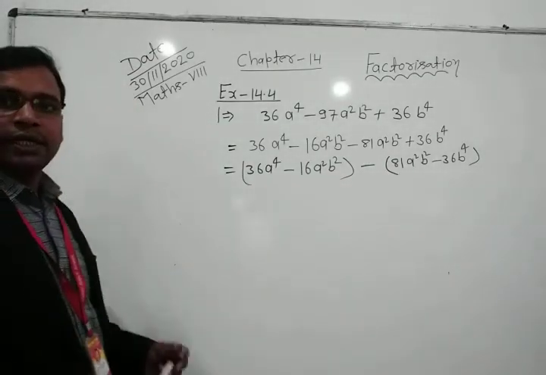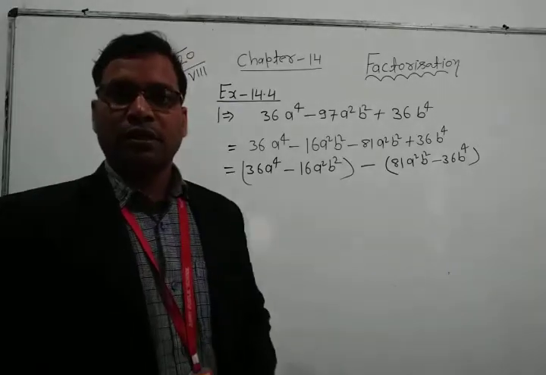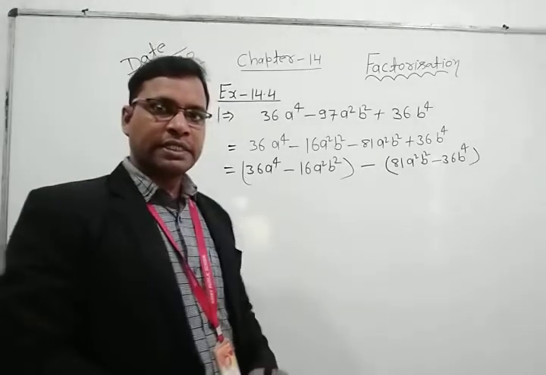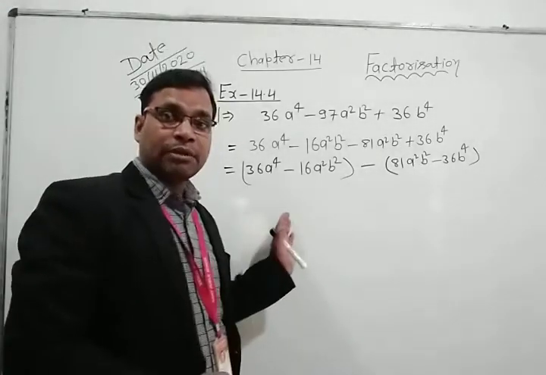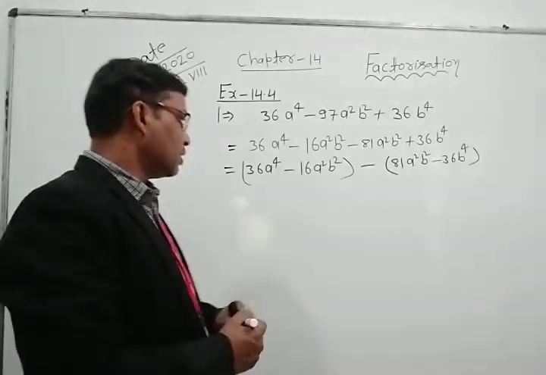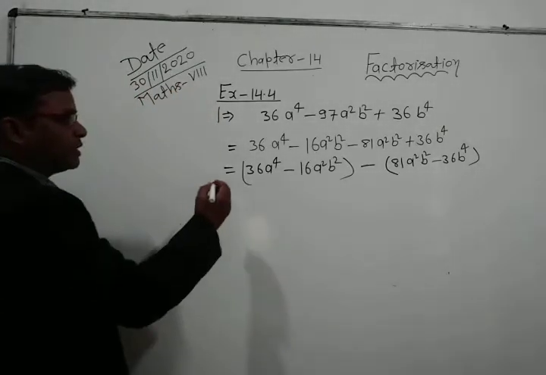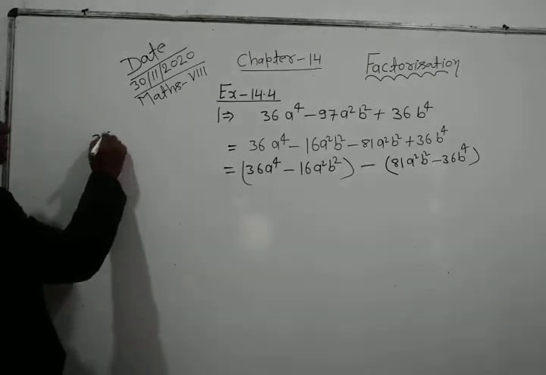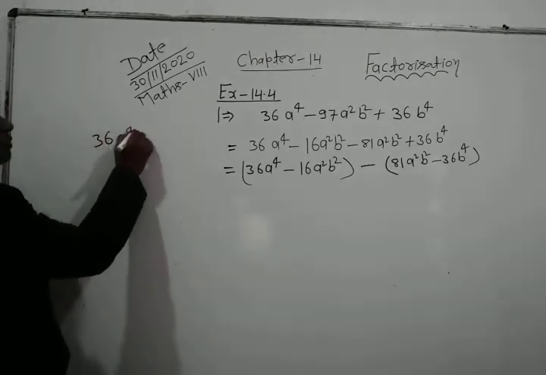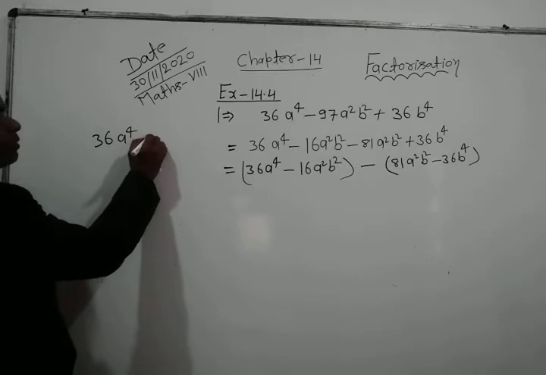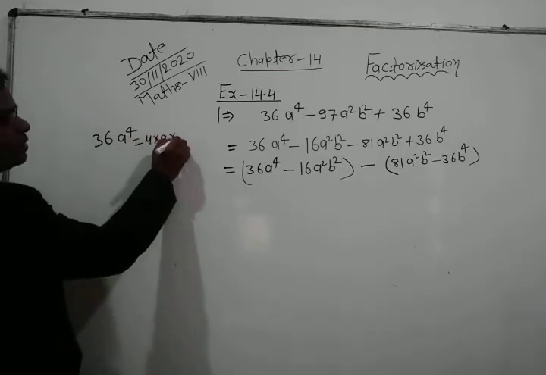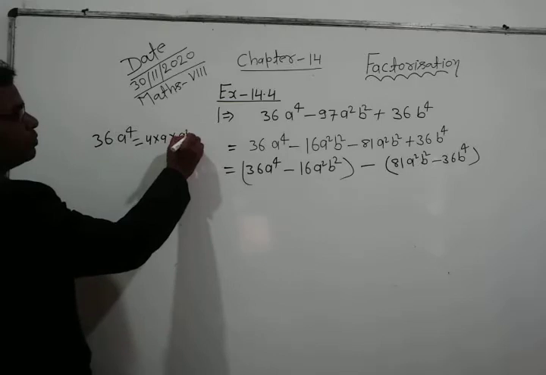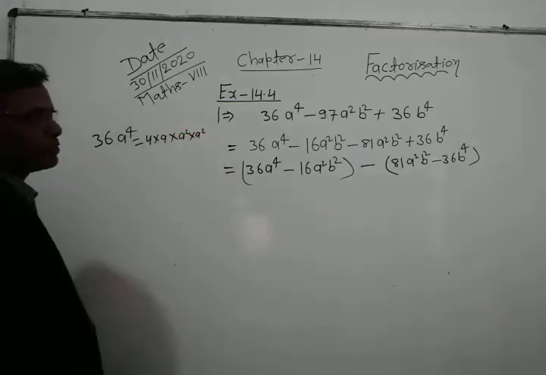In the first group, you can write 36a^4 as 4 into 9 into a^2 into a^2.